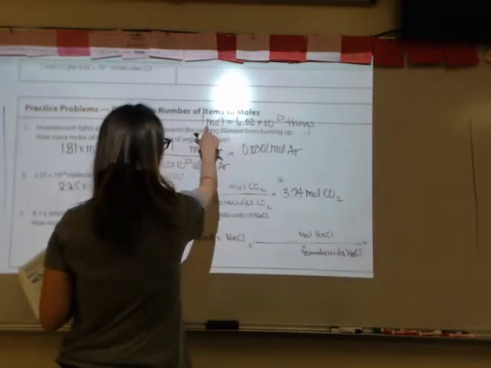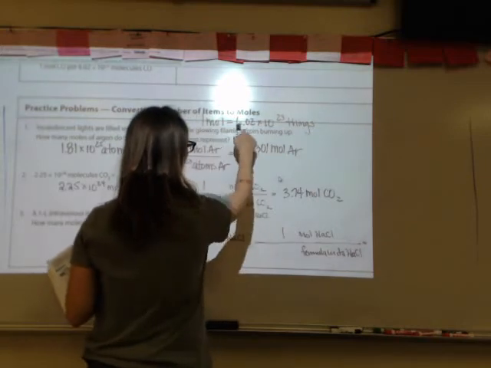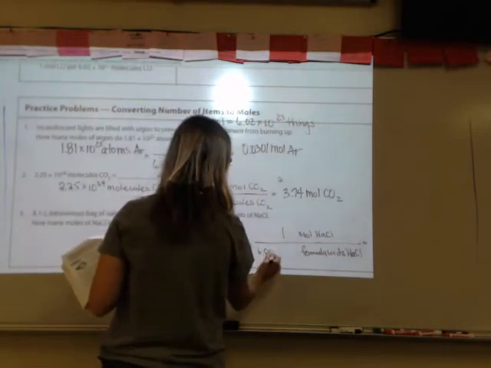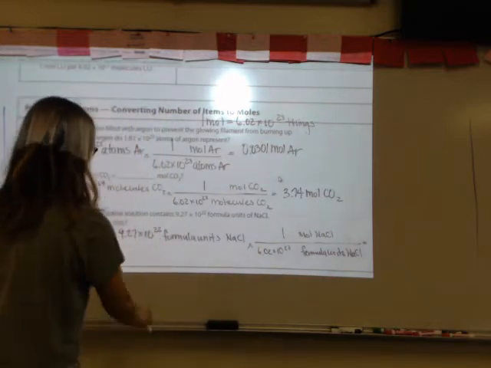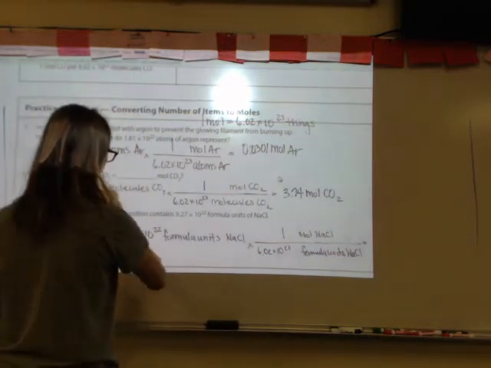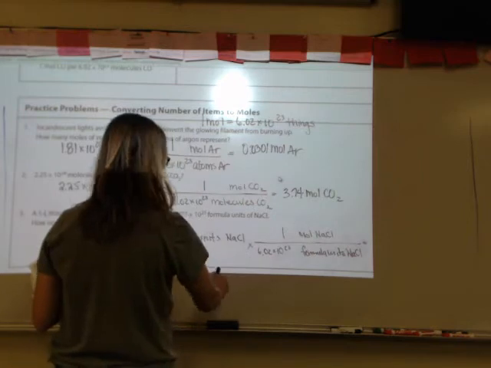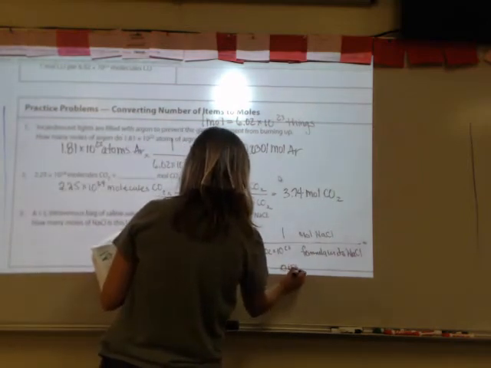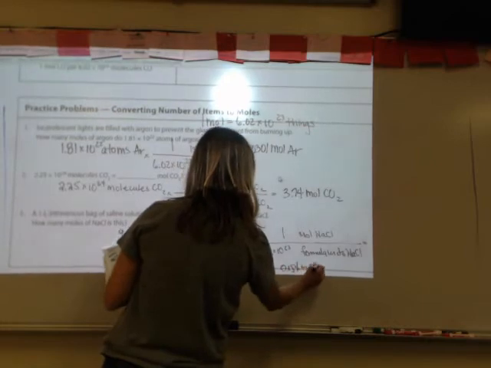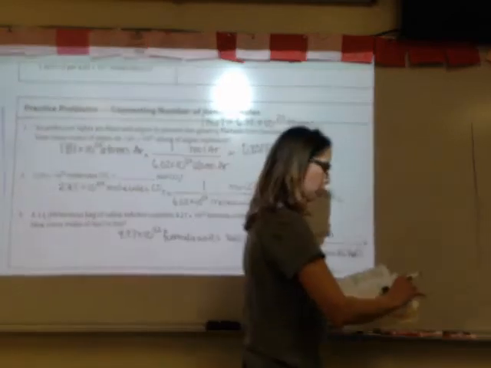You'll put the number 1 next to moles, and you'll put the 6.02 times 10 to the 23rd next to formula units. Here we are dividing 9.27 second E22 divided by 6.02 second E23. You're going to end up with 0.154 moles of sodium chloride.